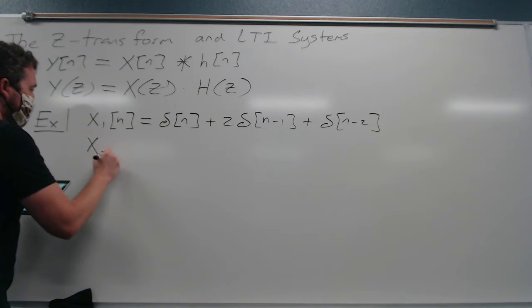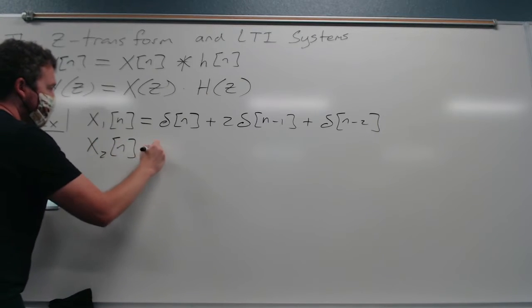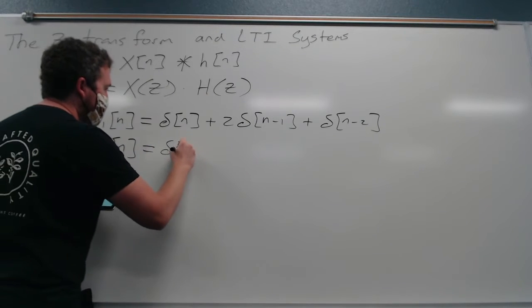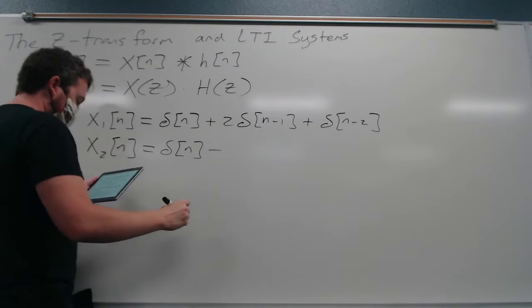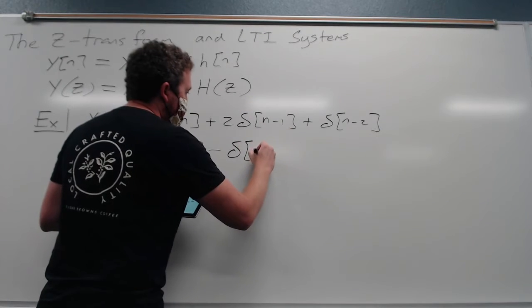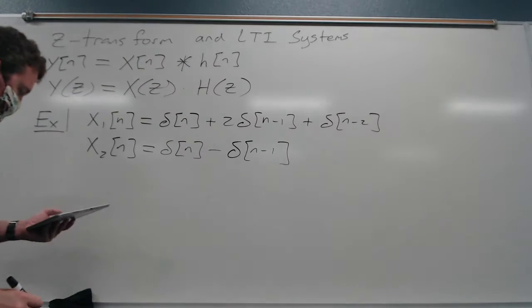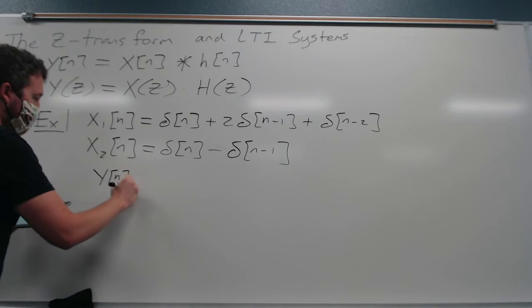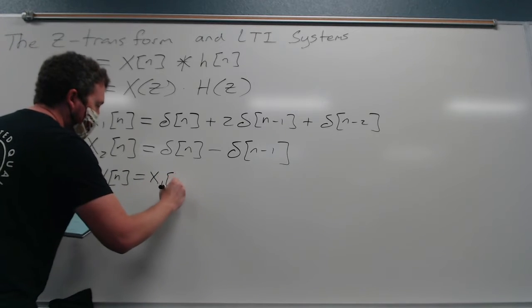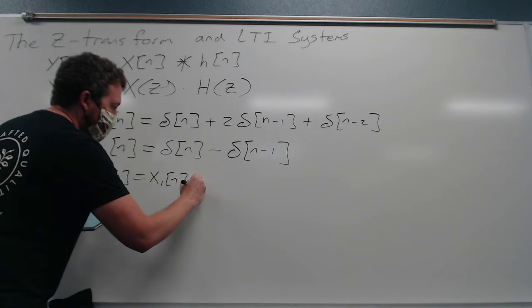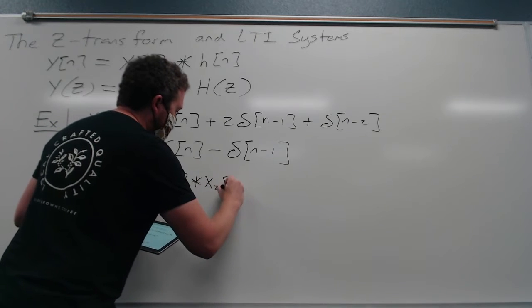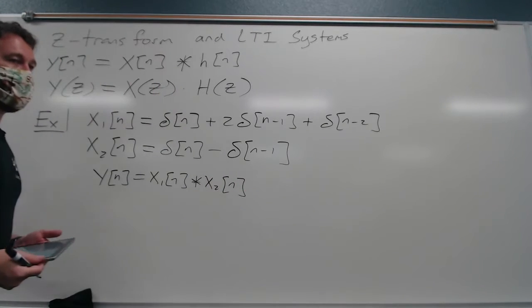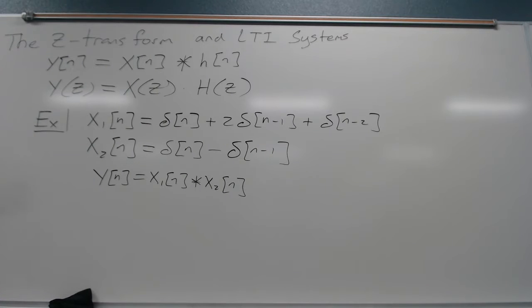And another one, x2 of n, is equal to delta of n minus delta of n minus 1. And we want to find y of n, which is the result of convolving these two signals. We could do convolution the long old-fashioned way, but of course the point of this exercise is that we're going to do it with the Z transforms.